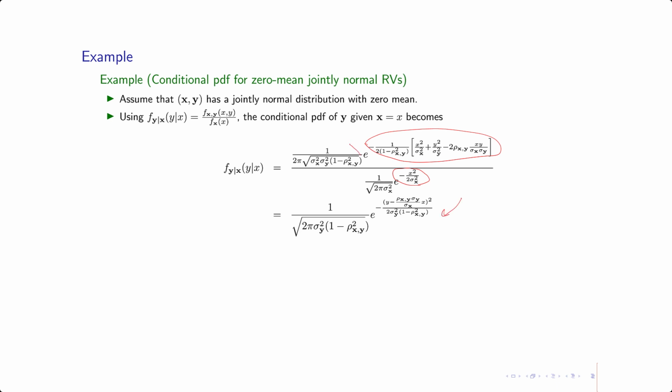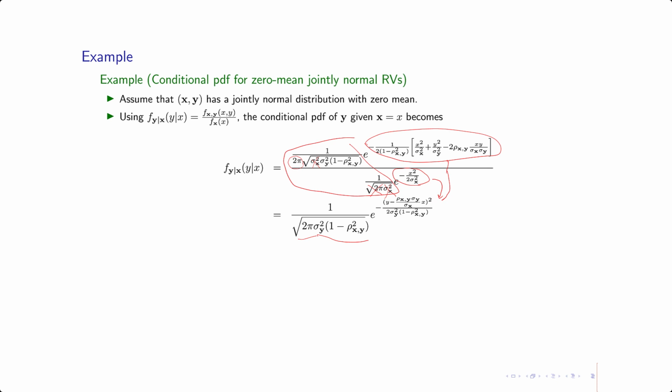And also if you divide these two, the square root of 2 pi will simplify with 2 pi, gives you this one. This sigma 2x and this sigma 2x here will be eliminated, and then this will remain here. And then the subtraction of the two polynomials will give you this one.